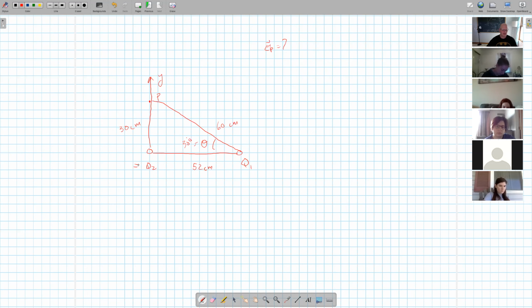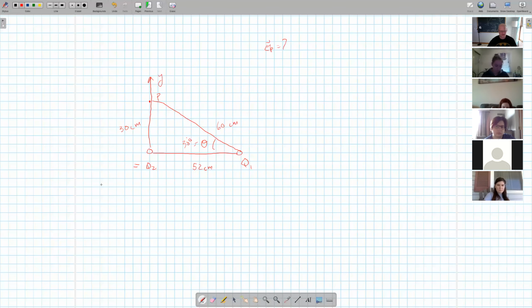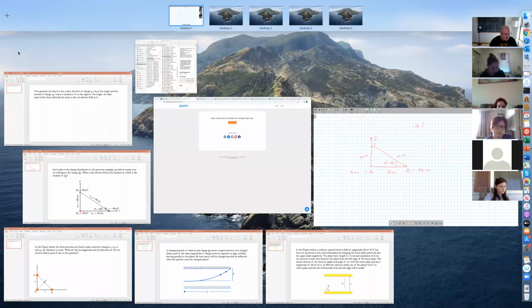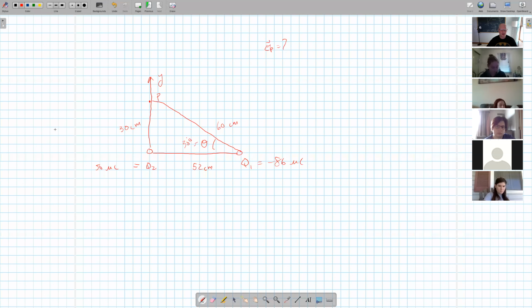And Q2 we know was how much? 50 and 86. Okay, so this was 50 microcoulombs, and this was minus 86 microcoulombs. Make sure I got all the right things on here. Yeah, okay. So again, what we want to know is what is the electric field at that point?